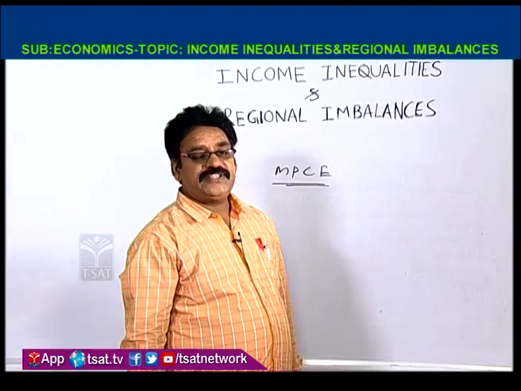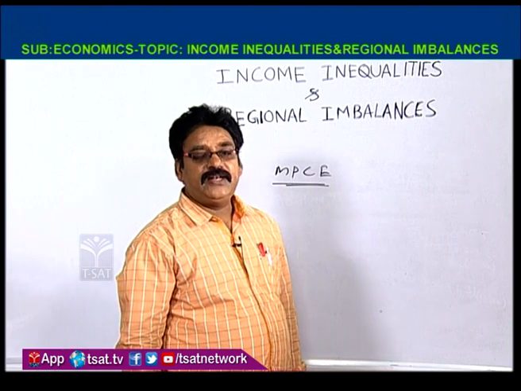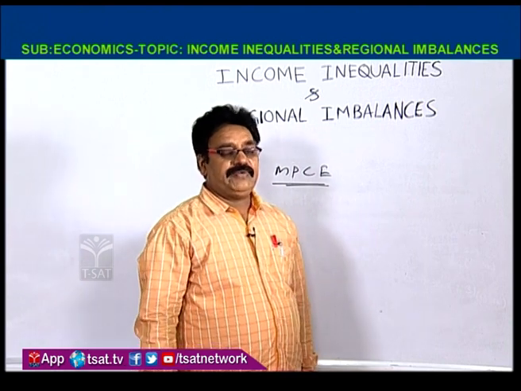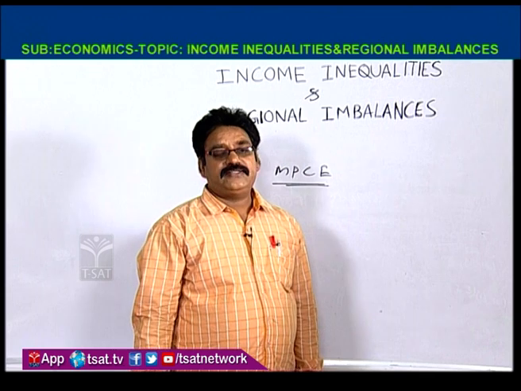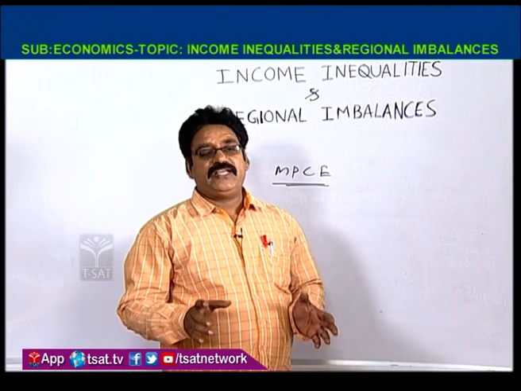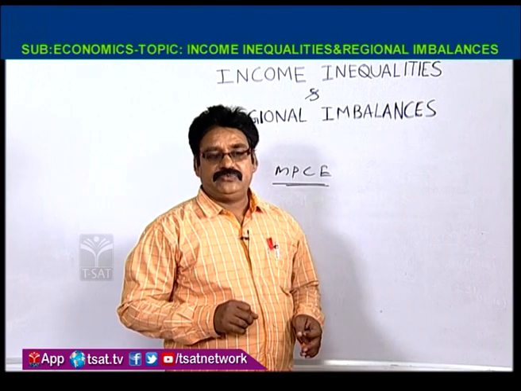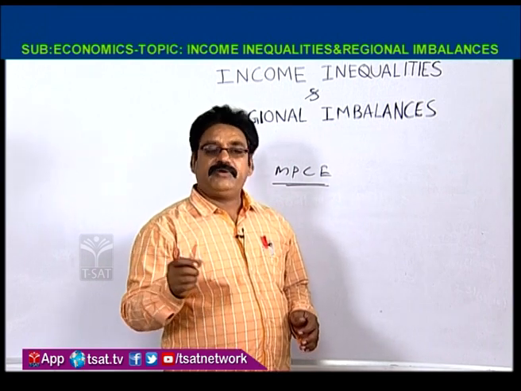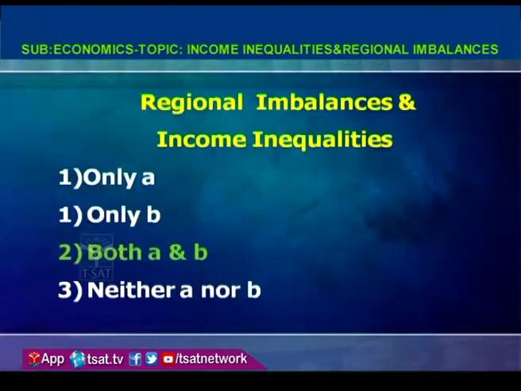The answer is both A and B. To calculate income inequalities, we use the Lorenz curve. The Lorenz curve was prepared by Max O. Lorenz to explain regional income inequalities. That is the reason the answer is both A and B.